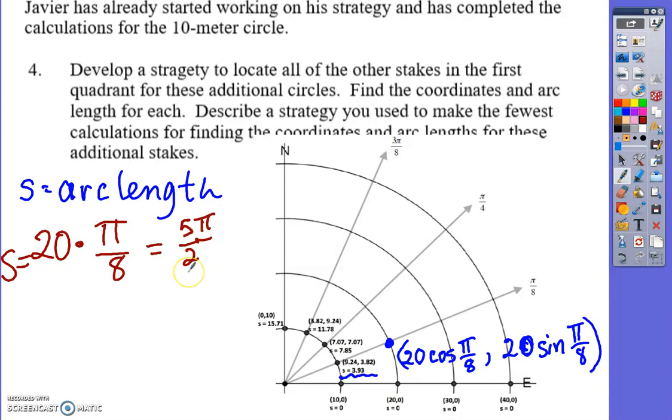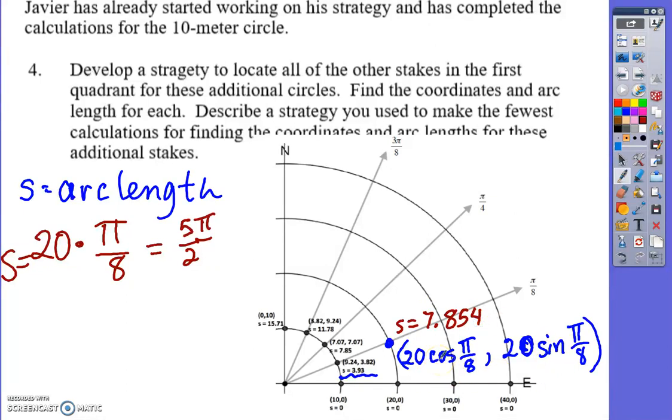Excuse me, 5/2. I misspoke. And that is approximately 7.854. So S on this point is 0.7854.